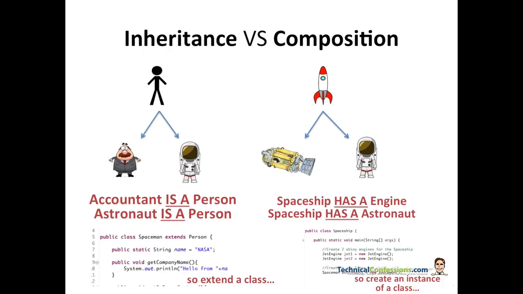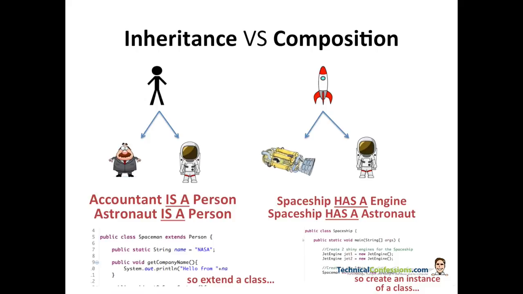the association between the classes can be determined by two scenarios. One is the inheritance or the composition. So when it's inheritance, you're stating the relationship of the class is a particular class. So I have here two scenarios in which an accountant is a person, and then an astronaut also is a person.